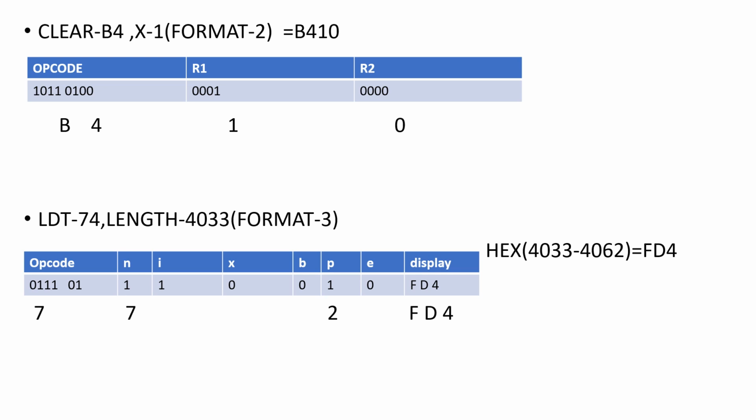By subtracting these two values, we'll get FD4, so we are writing it in the displacement address. After doing all this, we need to divide these bits into 4-bit form. After dividing this into 4-bit form, we'll get 772FD4 as the object code for LDT LENGTH.